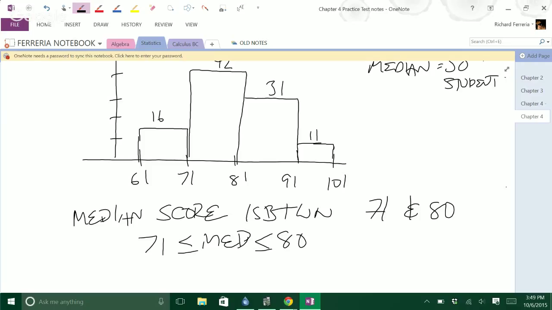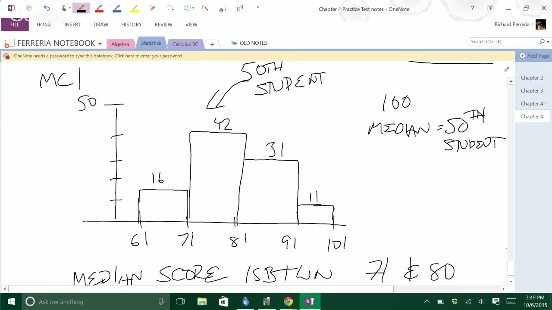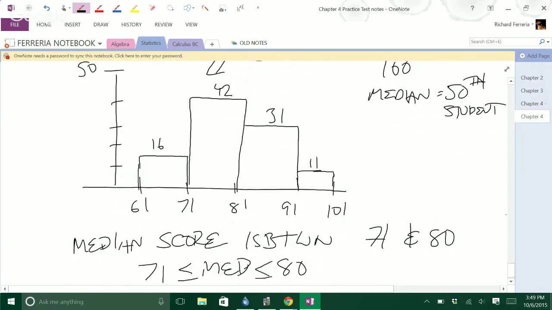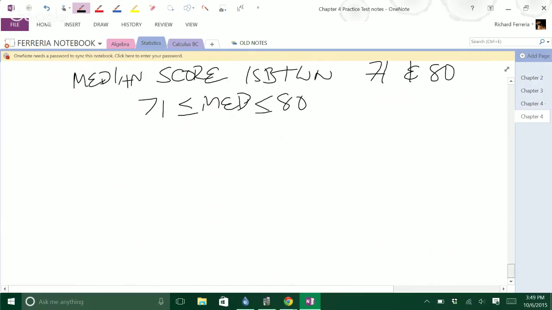The video? No, we're talking about the notes. The notes you can access online at any time. The notes are just the PowerPoints, right? No, the actual notebook that I'm writing on right now. Okay. This should be accessible at all times. You may or may not need to have a OneNote to look at it, though.